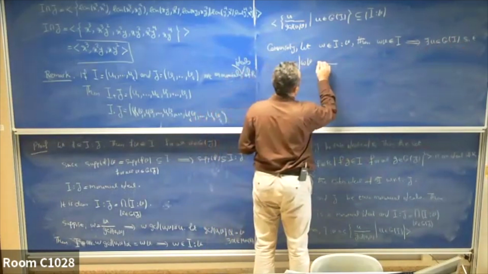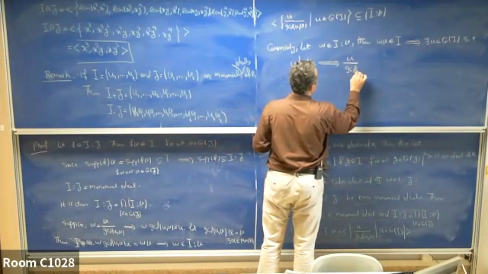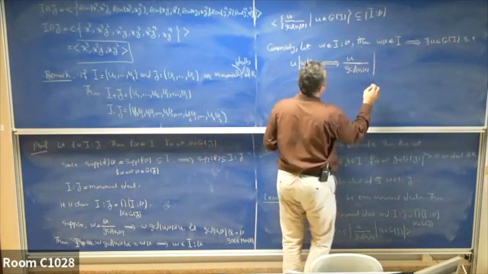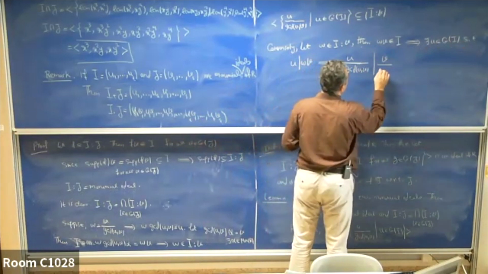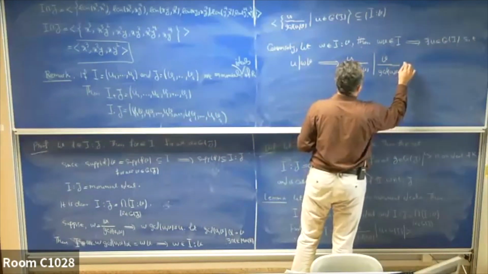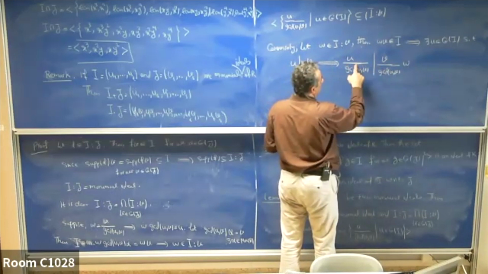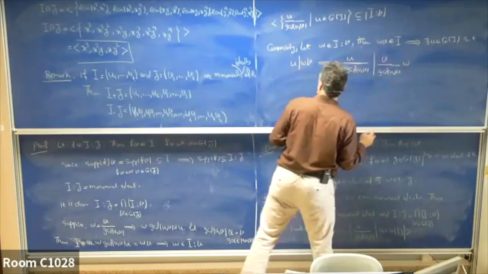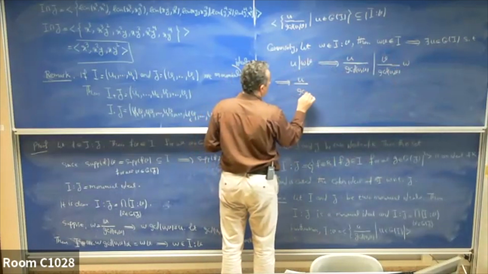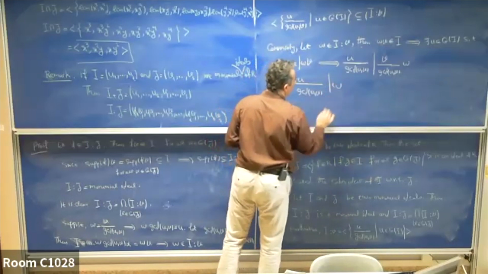So this said that u over GCD(u, v) divides v over GCD(u, v) times omega. But these two elements are coprime. We have this element divides this one. And so u over GCD(u, v) divides omega.